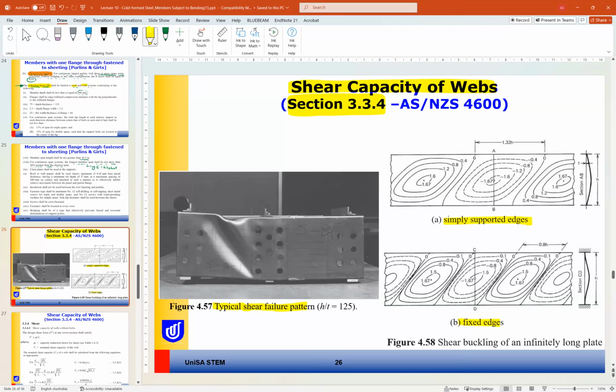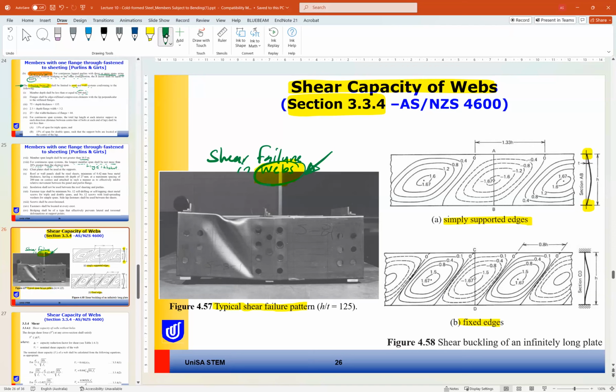If it is simply supported edge, it means the web, and where does the shear failure happen? The shear failure is in the webs. As you know from hot rolled steel, the webs are the element that resists the shear.